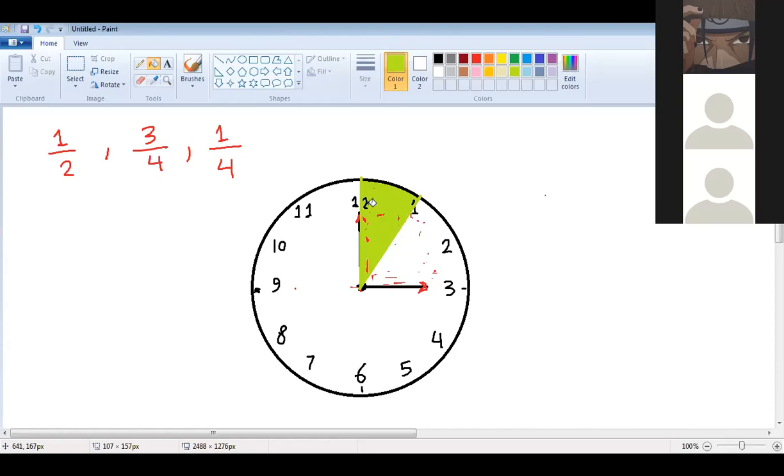We have 12 numbers, right? Also, I take one part from them. This is one part.